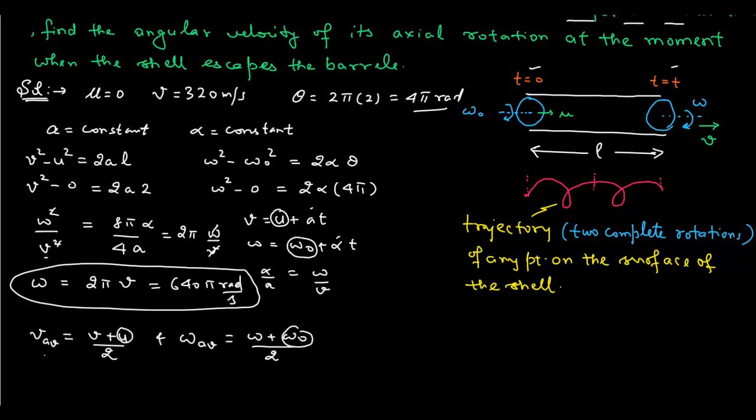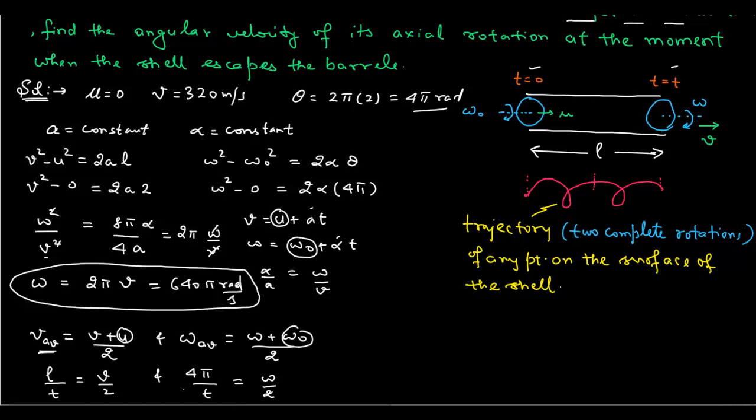The time taken by the shell in passing through this barrel is t. So in place of the average speed, I can write the distance traveled by the time taken, which is equal to v by 2, L by t equals v by 2, and for the angle through which it has rotated, 4 pi by t is equal to omega by 2.